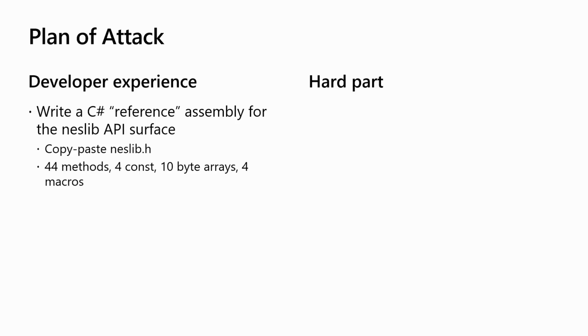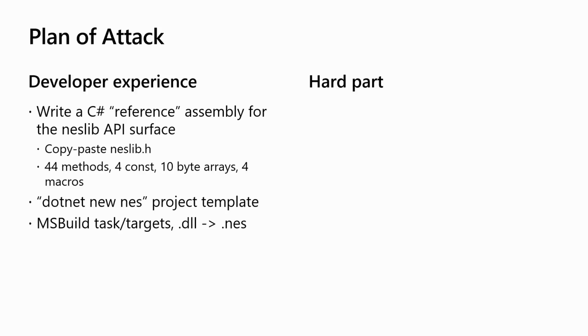But with NESlib, where I started was to just take the header file and paste it into a C# file and make that valid C#, and get a reference assembly of that API surface. So that when you go to build the project, it doesn't have to actually have method bodies for that code. It can just be a reference assembly and show which code it would have called if it was a real .NET program.